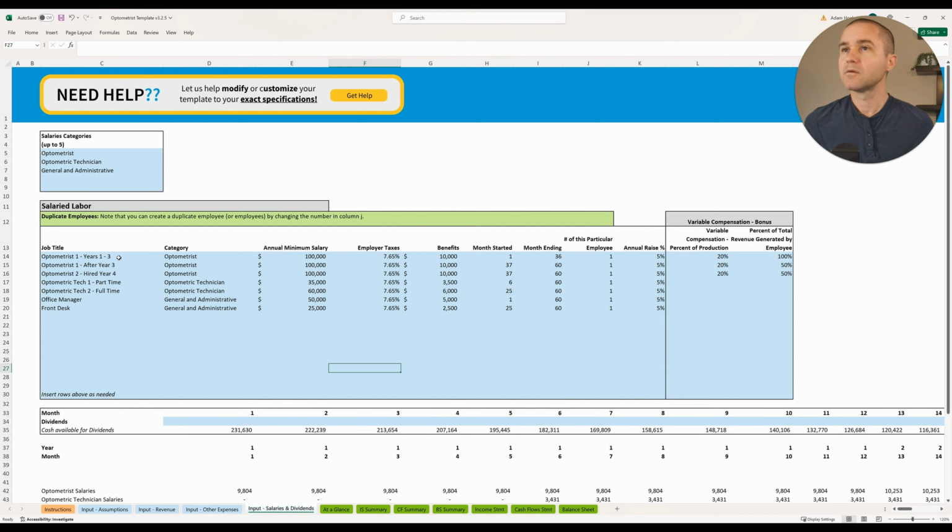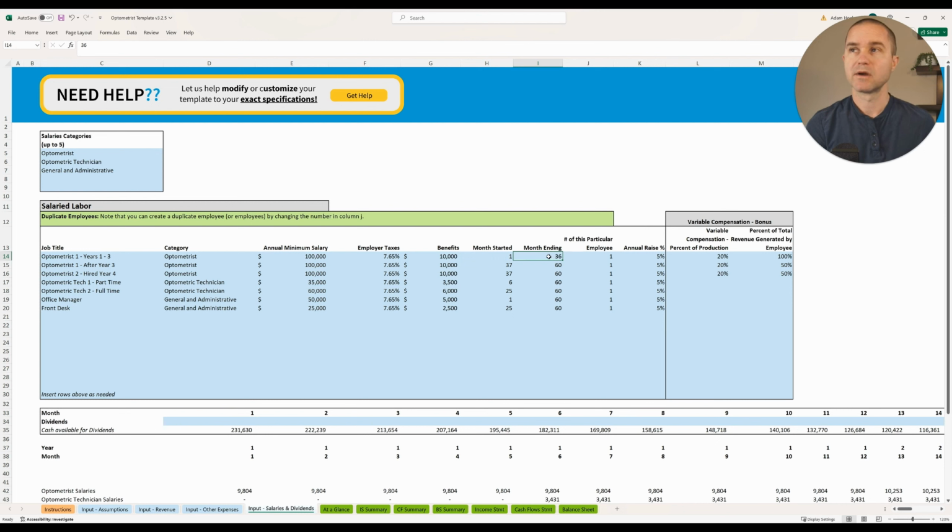So we have the ability to enter in different salary positions. So we've got Optometrist 1 here, and in the Optometrist category, we're saying the annual minimum salary here is $100,000. And we are saying this optometrist is going to start on month 1 and end on month 36.